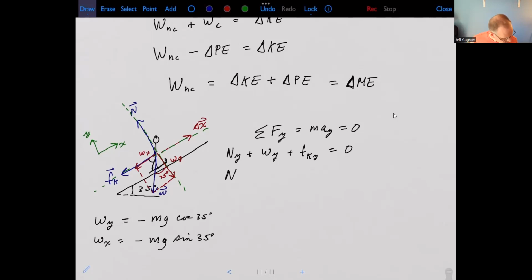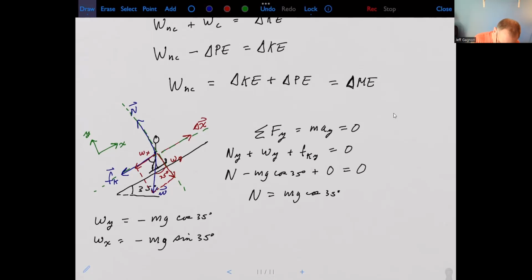So in this case, W_y is minus mg cosine of 35. And then what's the y component of the frictional force? That's 0, right? It's only acting in the x direction. So the normal force here is going to be mg cosine of 35 degrees.